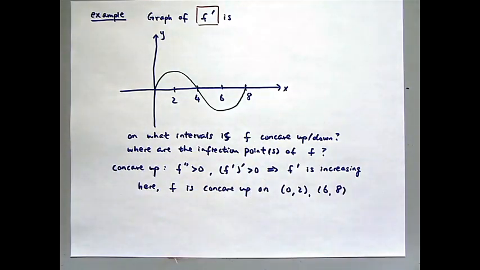On those intervals, f prime prime is positive. So on the original graph, which we don't have, and we don't actually need, the function would be concave upward, taking the shape of an upward opening parabola, on the intervals 0 to 2 and 6 to 8.